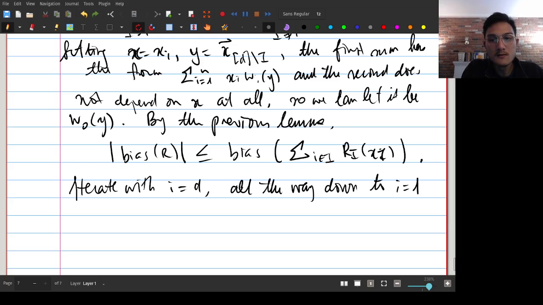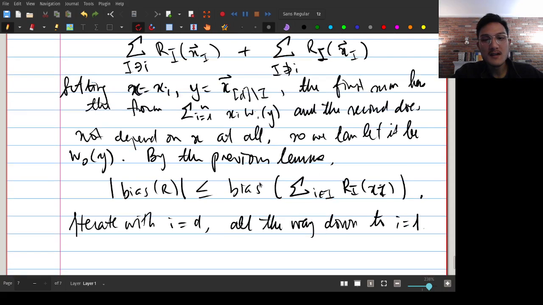To i equals 1. Okay. To get, then this thing can be bounded above again. So this is D and I, right? And now you do it again, because for all the i's that contain D, that's all the subsets of 1 through D minus 1.